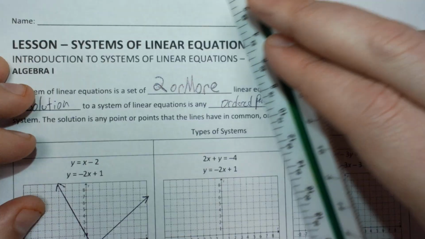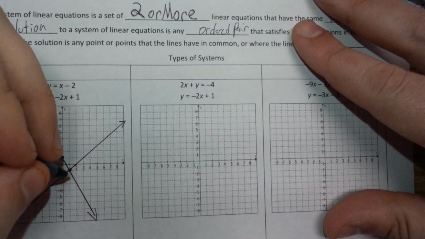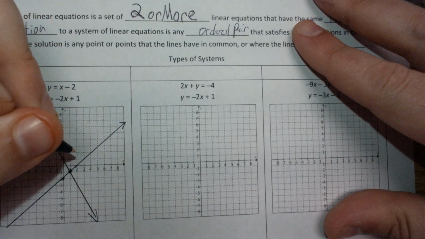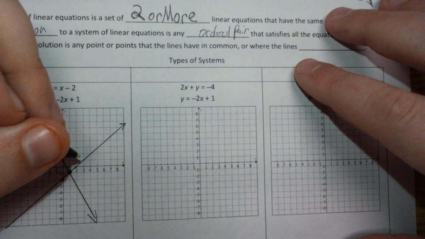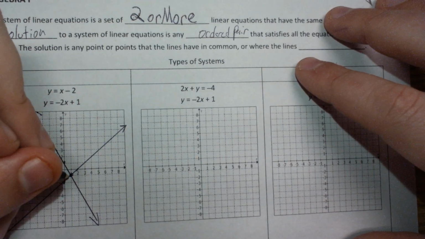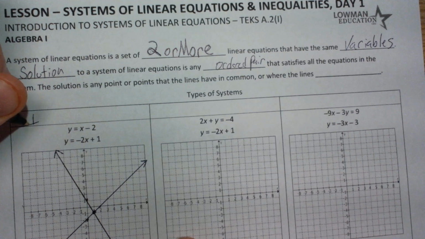I'm going to do my best to make sure it's as close to accurate as possible. When we're graphing them by hand, we've got to work really hard to be accurate. So this solution would be 1, negative 1. But this is intersecting.